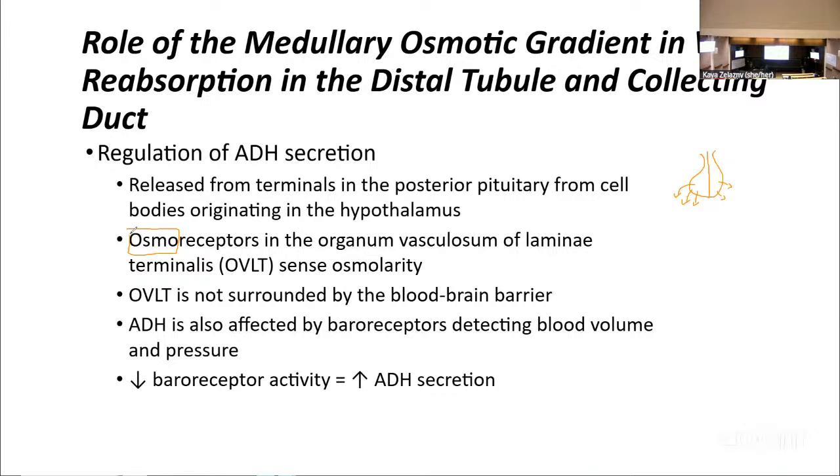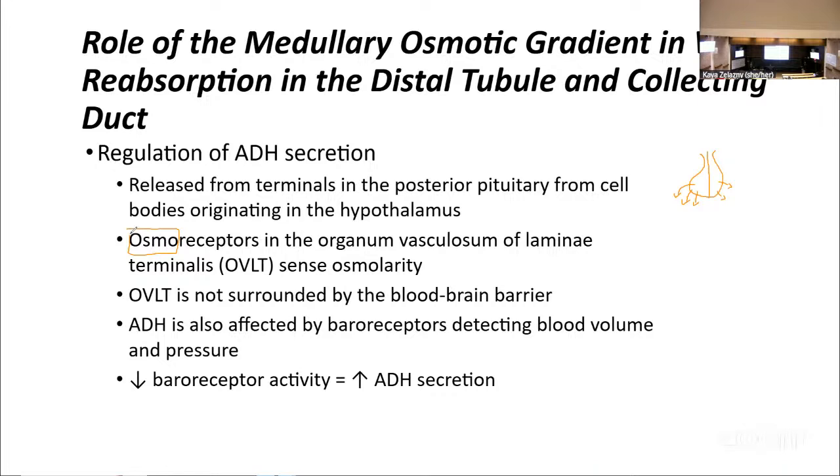Another thing that ADH may be reacting to are baroreceptors. Our baroreceptors, we might remember, are sensing our blood volume and our blood pressure, right? So like the amount of blood in the veins and your mean arterial pressure, basically your blood pressure. The reason for that is that if you have a drop in blood volume, most of the volume, therefore most of the pressure in the blood, is coming from the presence of water.